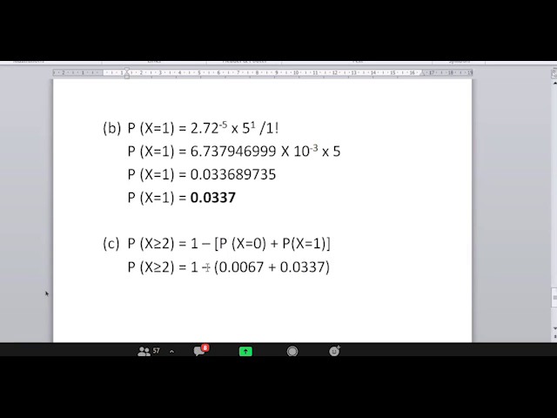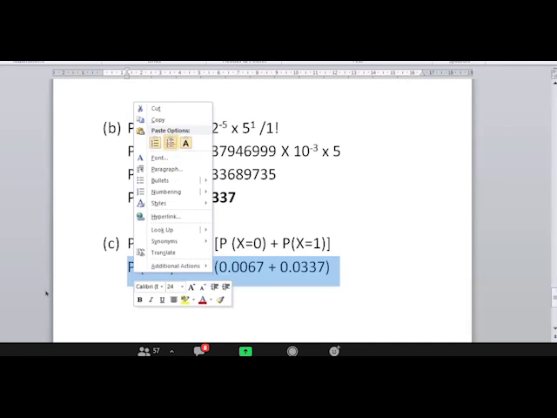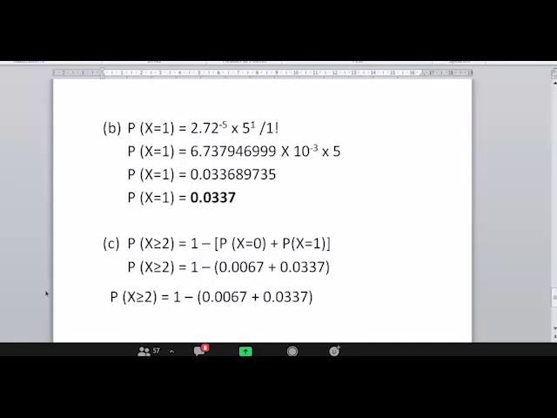We are adding these 2. What's the value when you add these 2? 0.0404.